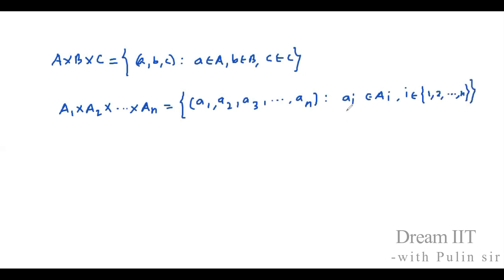So this particular thing is called n tuple, or an ordered n tuple, right? So this you can write. So this is the way how you can generalize.